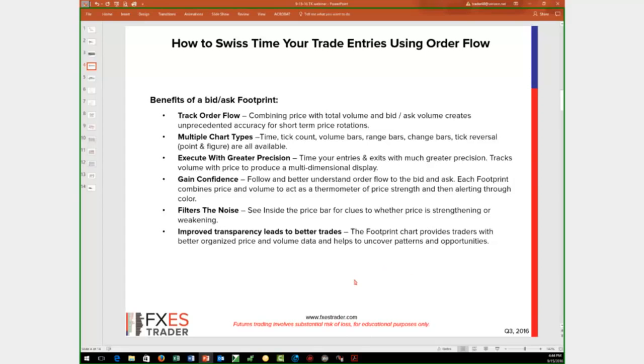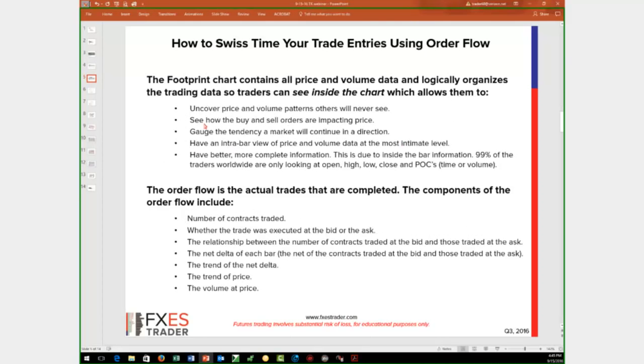And it improves transparency, especially the volume imbalance indicator that I'm going to show you as well. The footprint chart contains all price and volume data and logically organizes the trading data so traders can see inside the chart, which allows them to uncover price and volume patterns.